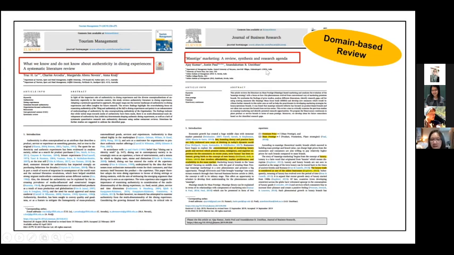So if you want to get some idea for your SLR paper, you can look into all these papers. The first one here is about the domain-based review. We have this first article that studies authenticity in the dining experience. We have this SLR paper about marketing in the marketing area.